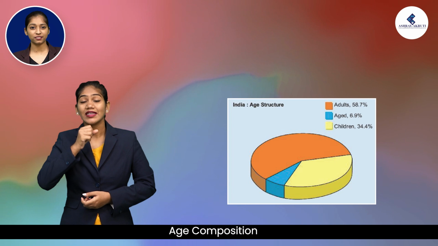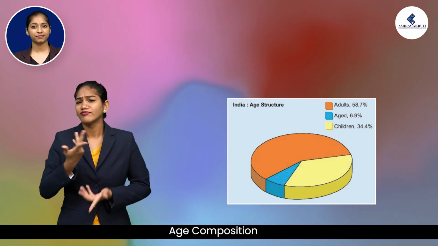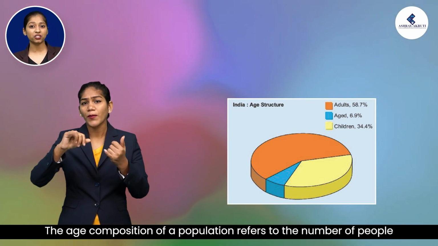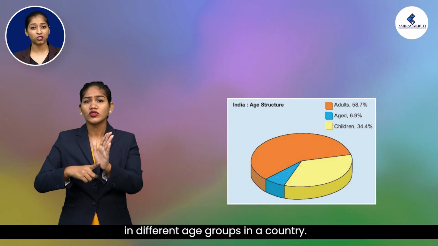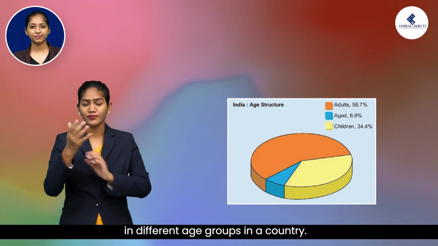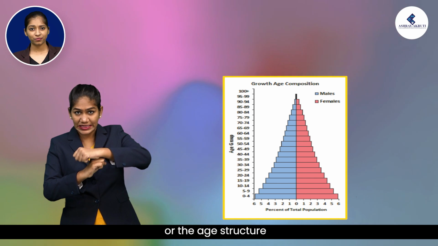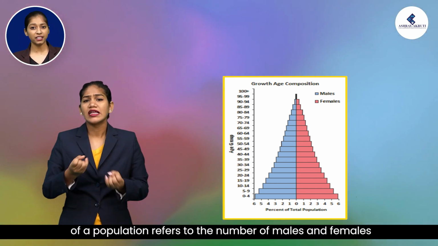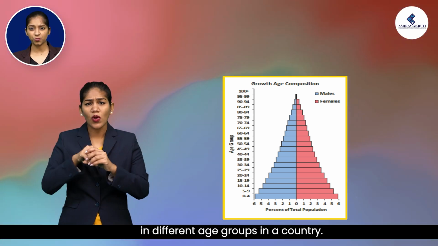Age composition. The age composition of a population refers to the number of people in different age groups in a country, or the age structure of a population refers to the number of males and females in different age groups in a country.